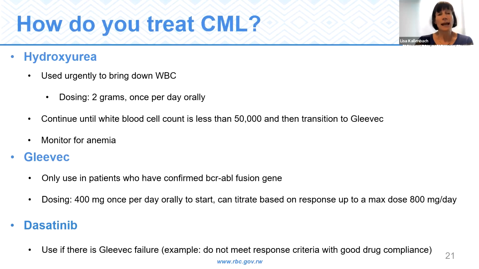We also now have dasatinib available if there's Gleevec failure. So we'll go through some of the response criteria that we expect in this disease. And if you don't meet those criteria, but have been taking your medication compliantly, then we would switch to dasatinib.